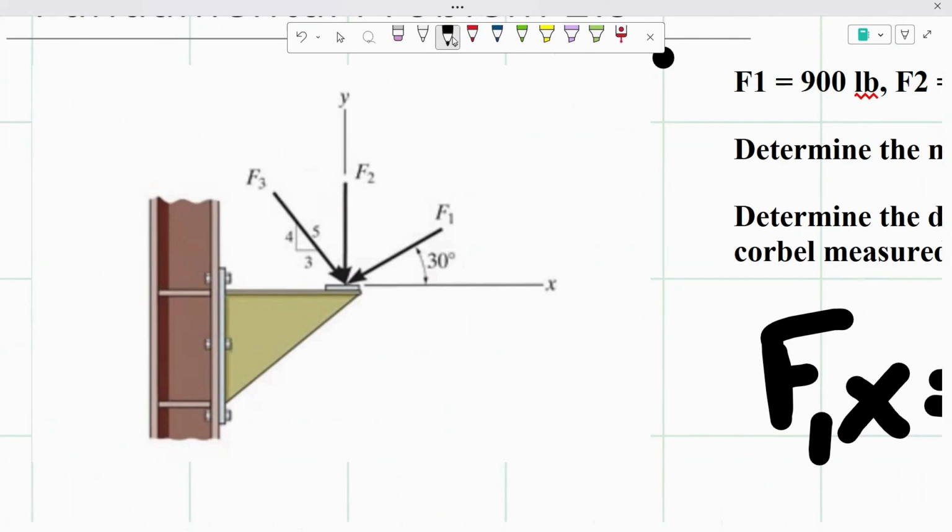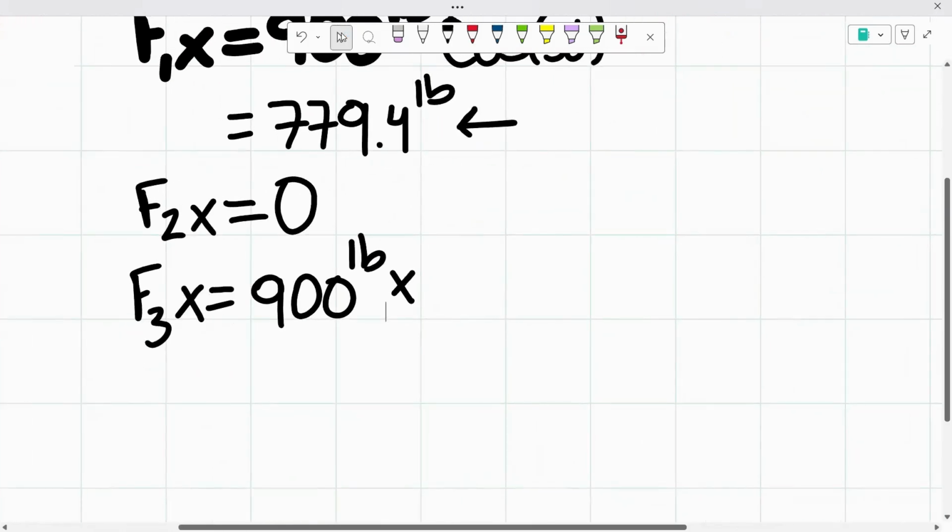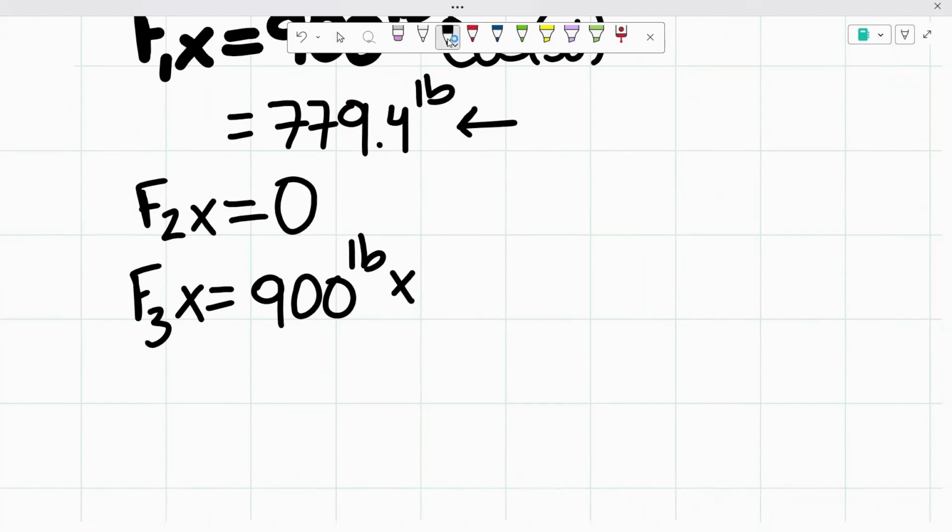So once again, we're trying to find the horizontal component, which is this side, which is given to us as 3. And we could use cosine again. That means we're going to use the hypotenuse, which is the 5. So we're going to have 900 pounds times 3 over 5. Plug that into your calculator, and that should give you 540 pounds.